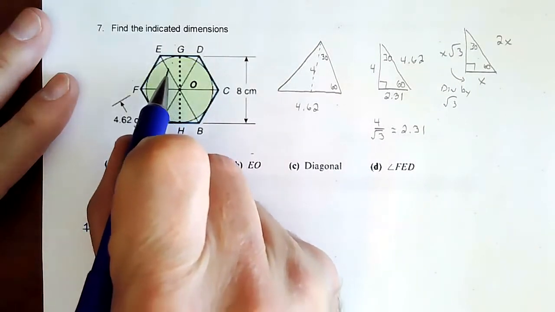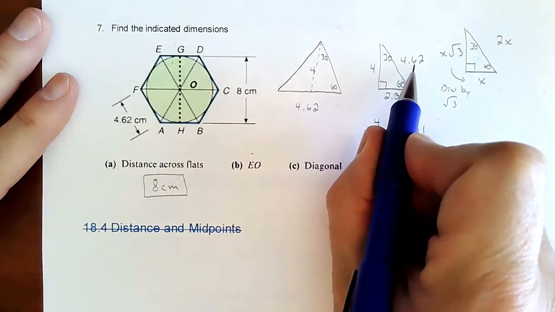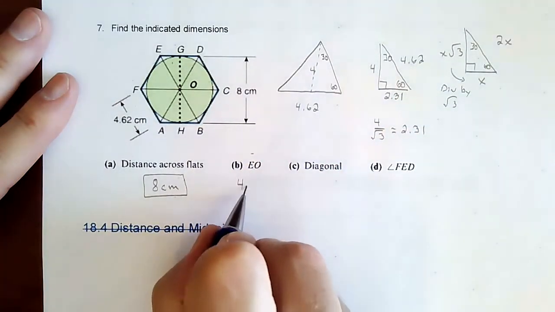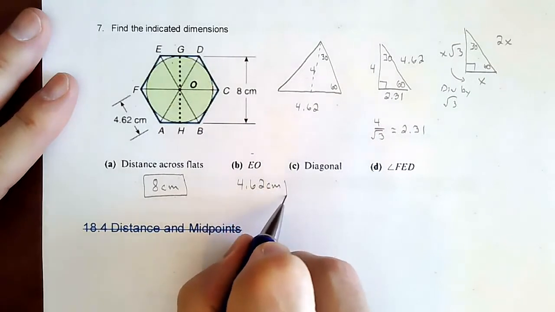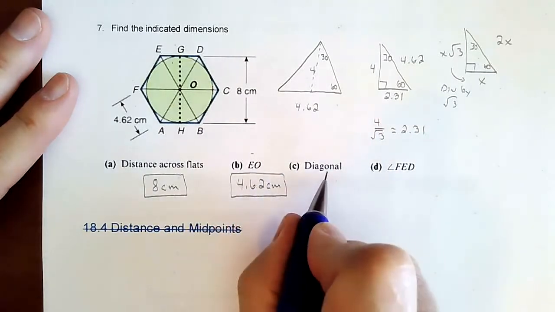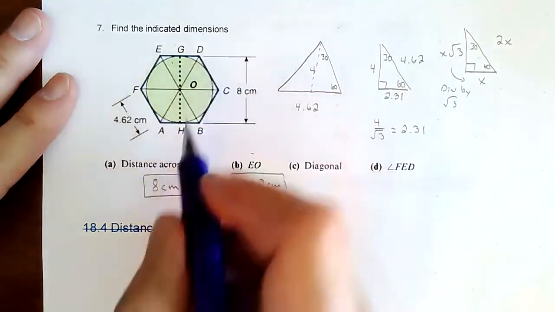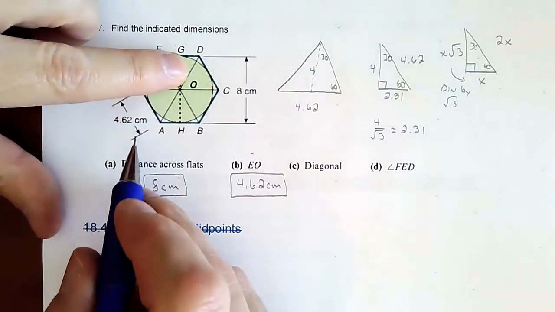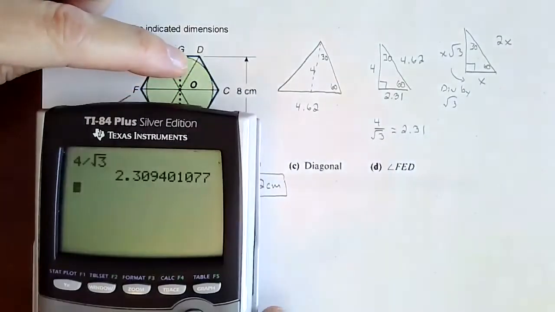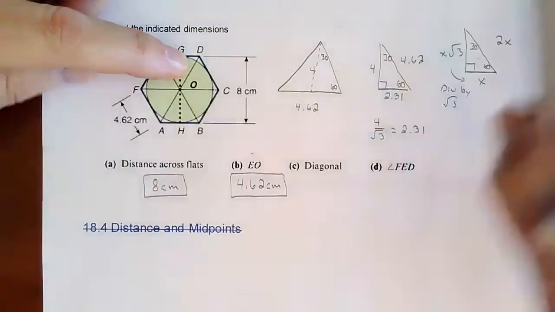EO is this length, which is one of the diagonals, so 4.62 centimeters. And then the diagonal going all the way across would be 4.62 plus another 4.62, which gives you 9.24.